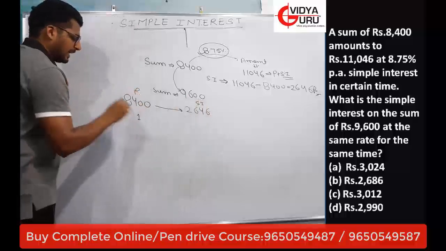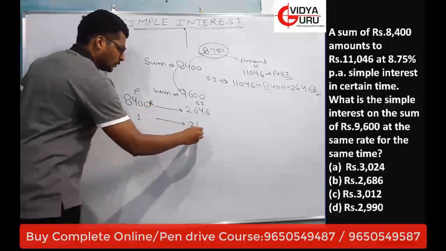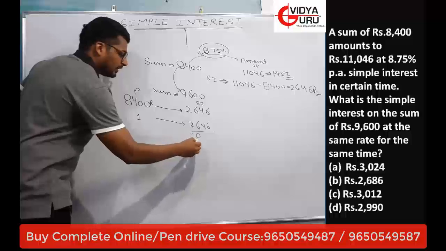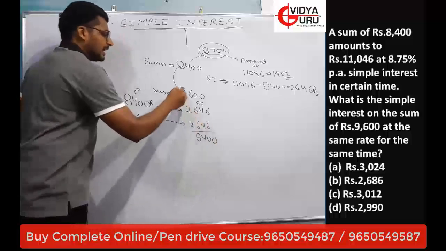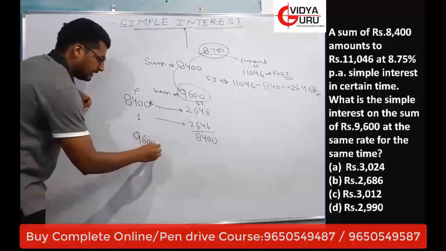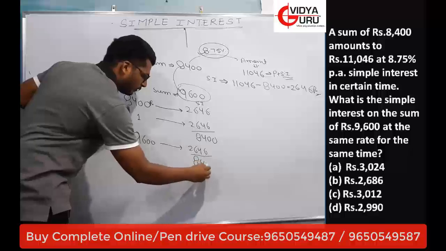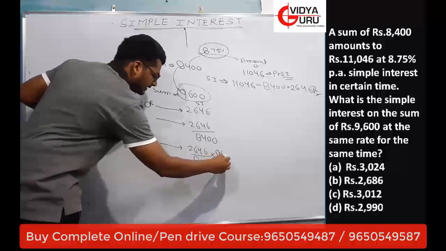Now if I say on 1 rupee, how much will be the SI? 2646 upon 8400. The question is asking on 9600. Then what will be the SI on 9600? 2646 upon 8400 into 9600.